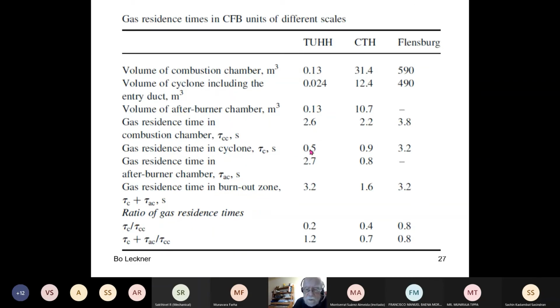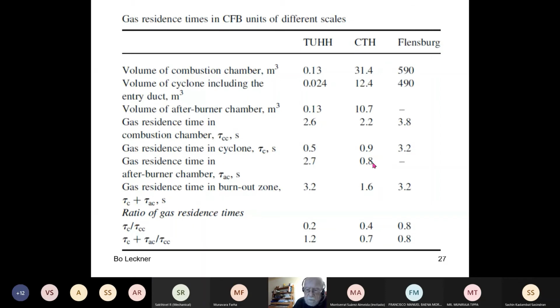And then we have some residence times in the cyclone. Of course, in this bigger cyclone, the time was bigger, but surprisingly enough, ours were rather similar here. And also in the afterburner combustion chamber, they made a rather big one, so they had a longer residence time, whereas ours were smaller.